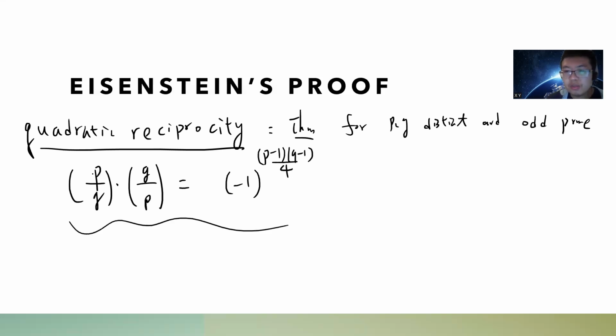This theorem is very deep and can be traced back to Gauss, and there are about 200 different proofs. The first proof that I will give is Eisenstein's proof, using Eisenstein's lemma. So this video is the proof of Eisenstein's lemma.